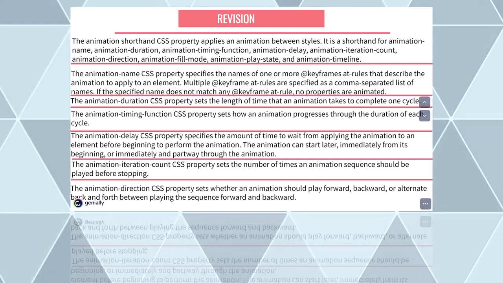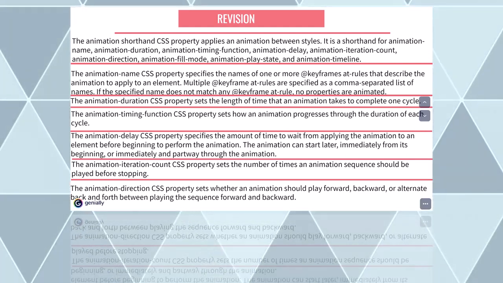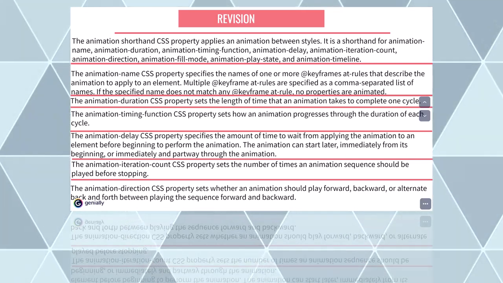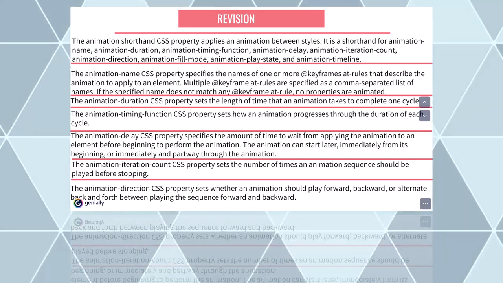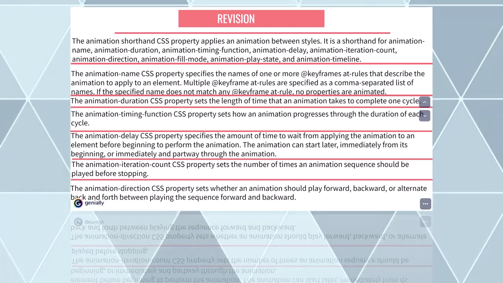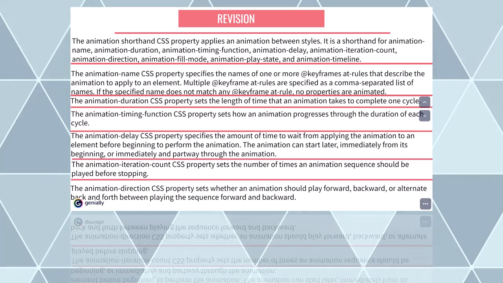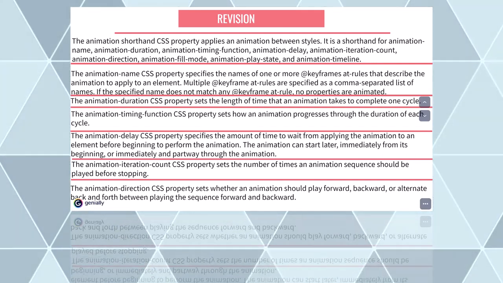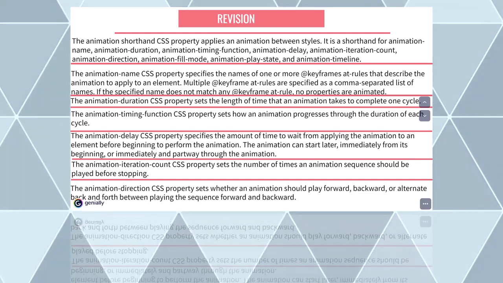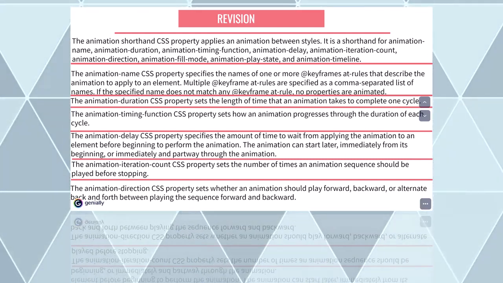As I was saying, the animation shorthand CSS property applies an animation between styles. It is a shorthand for animation name, animation duration, animation timing function, animation delay, animation iteration count, animation direction, animation fill mode, animation play state, and animation timeline.